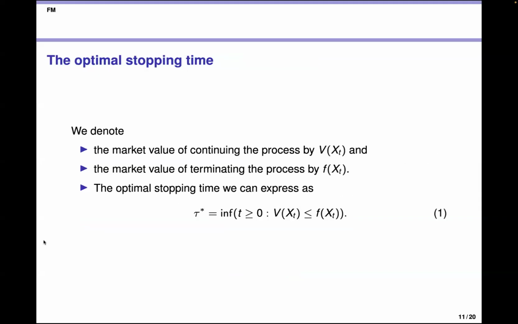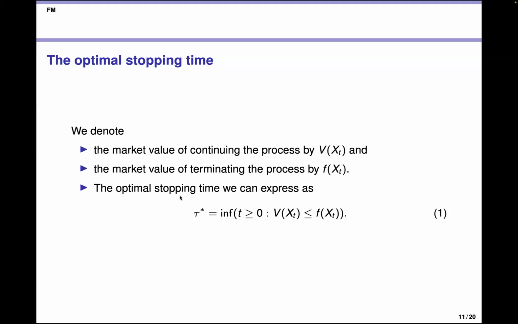Okay, so in general, if we are speaking about the optimal stopping time, we can denote the value of continuing the process by V and the value of terminating, stopping the process, by F of x_t.